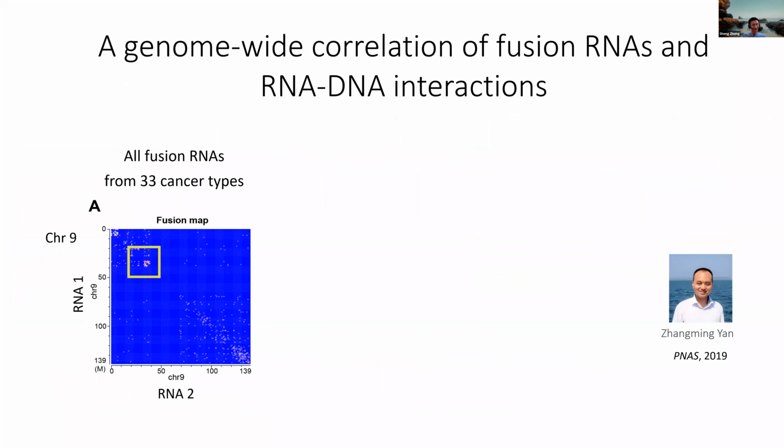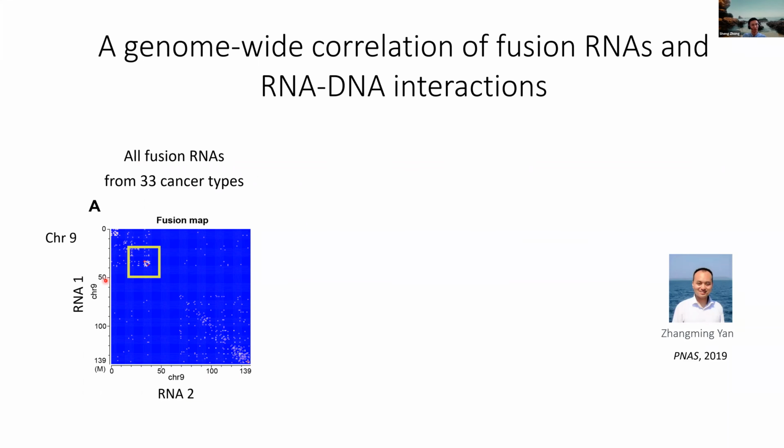And to ask whether it's general, Dr. Zhangming Yan, when he was in my lab, investigated all the fusion RNAs identified by TCGA from 33 cancer types. I believe the TCGA consortium, when they carried out systematic RNA sequencing from 33 cancer types, identified a total of approximately 10,000 fusion RNAs.